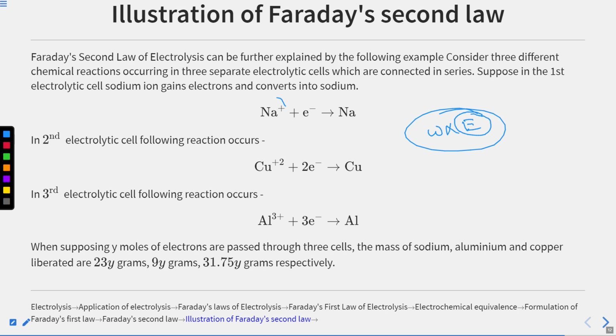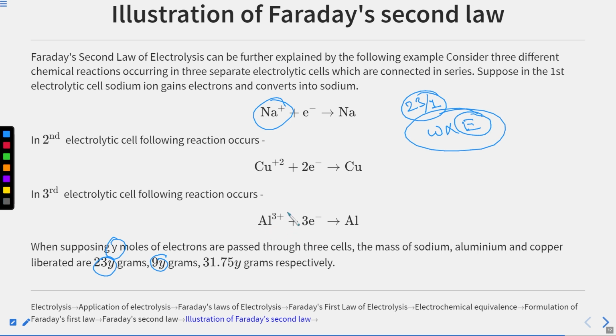So suppose that for Na plus the chemical equivalent is 23 by 1. So one mole will give one equivalent. So y moles will give 23 into y. Similarly, copper. Sorry, it's wrongly written here. Okay.